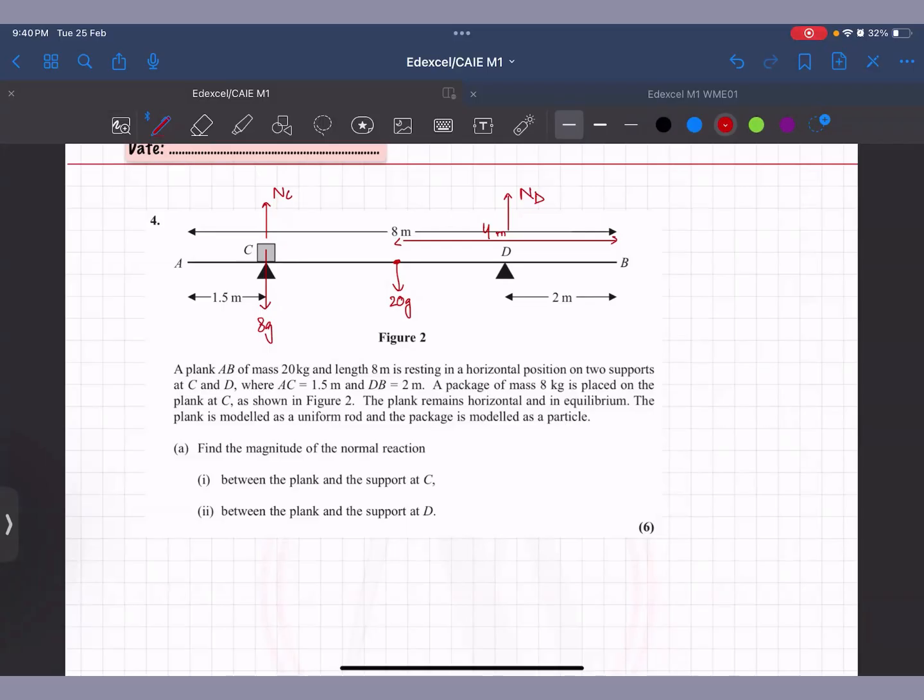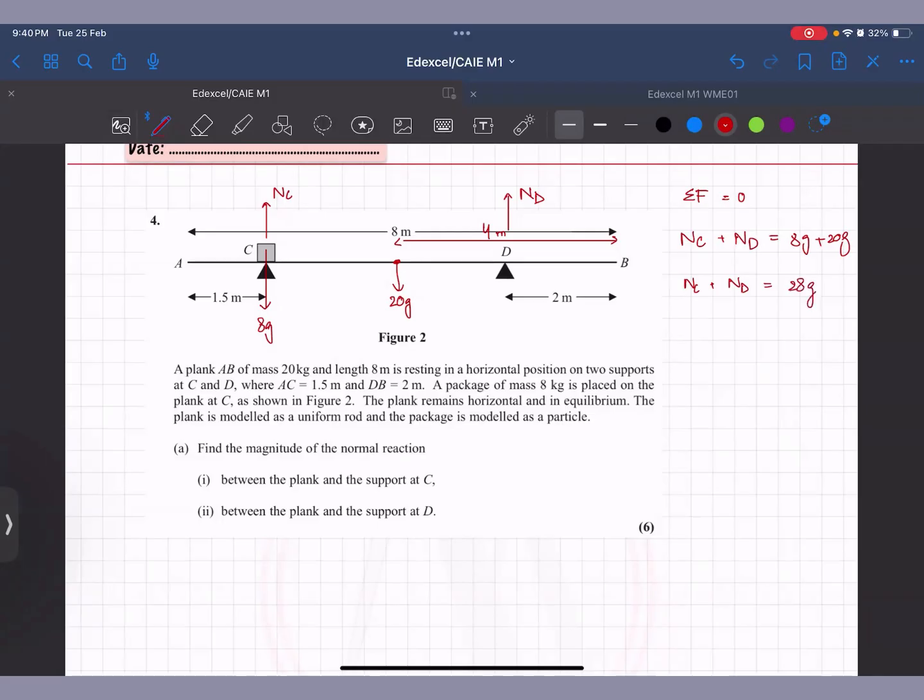We know this is in equilibrium, so the sum of forces is equal to 0. Two forces act upwards, NC and ND, and two forces are downward, 8G and 20G. So NC plus ND is equal to 28G.